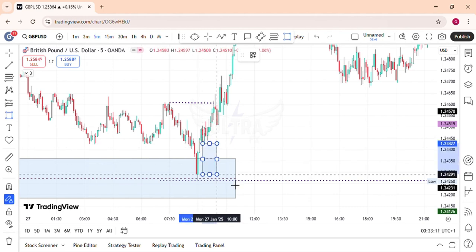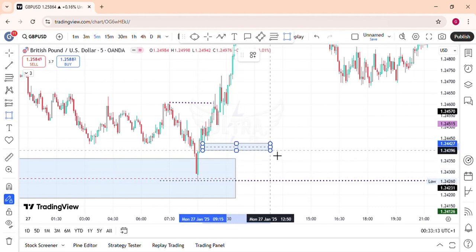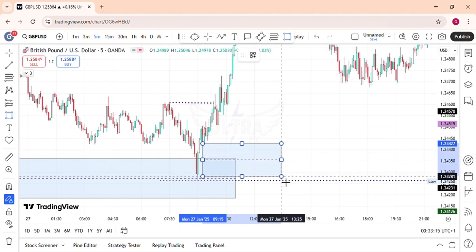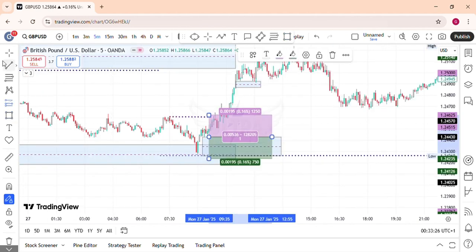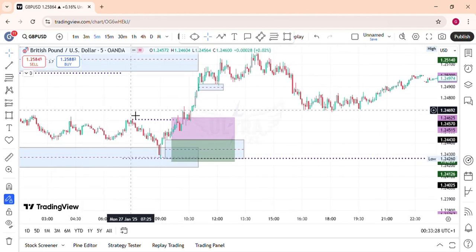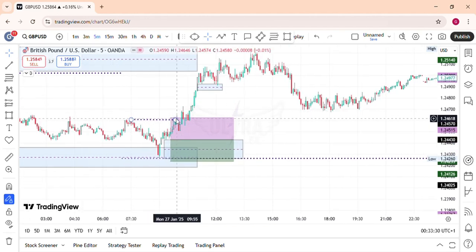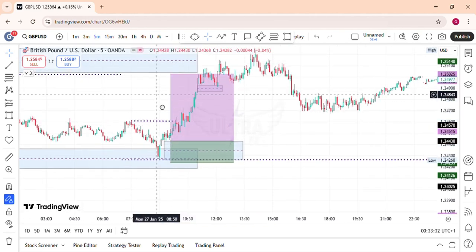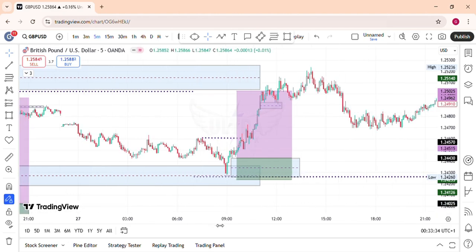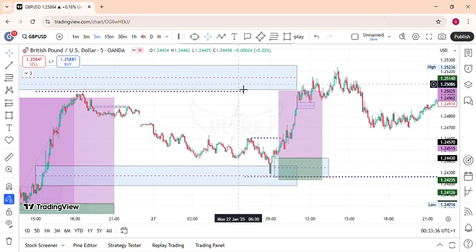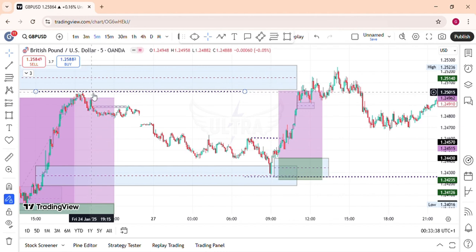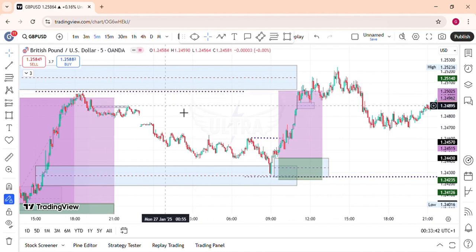So we draw our stop loss to the end, and this is the trade that did not happen. So you can just take profits to the end, right above the previous high here.